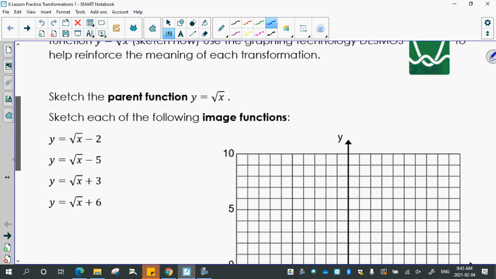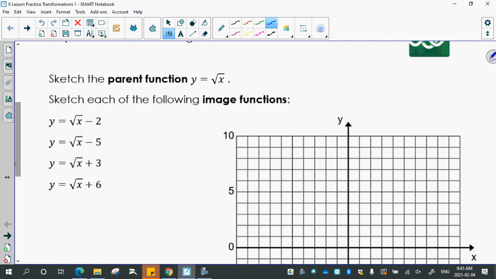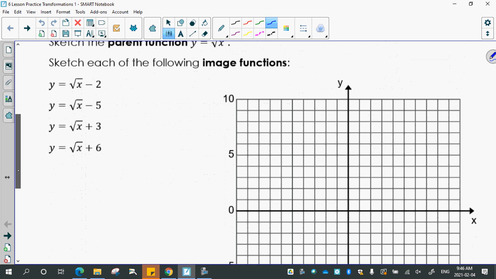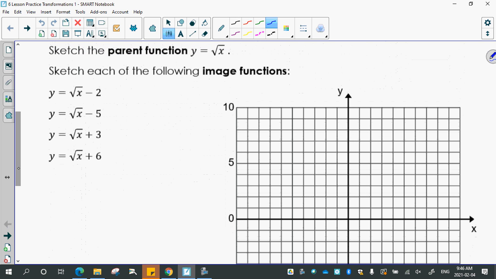Okay, so sketch the parent function y equals absolute value of x. So here we are. So that's the parent function. So what you want to do is have them memorize that we're doing this in 2 days instead of like a week, but we're going to draw them a bunch of times in that week.